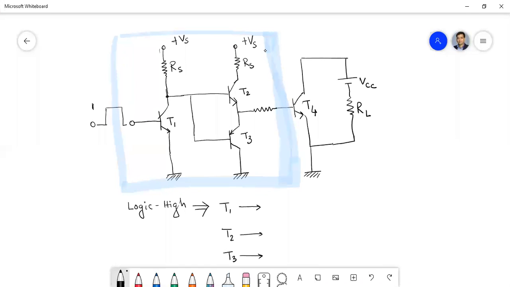What about the states of transistor 1 and transistor 2? Can you answer this? No, sir.